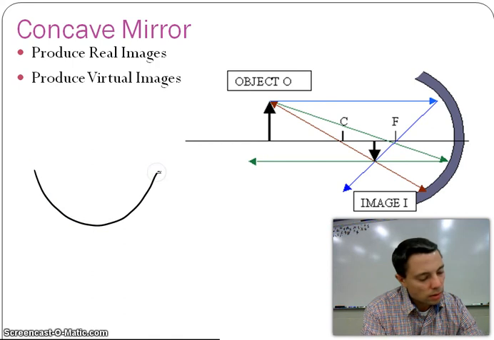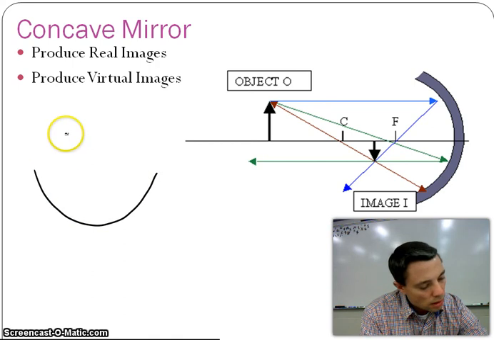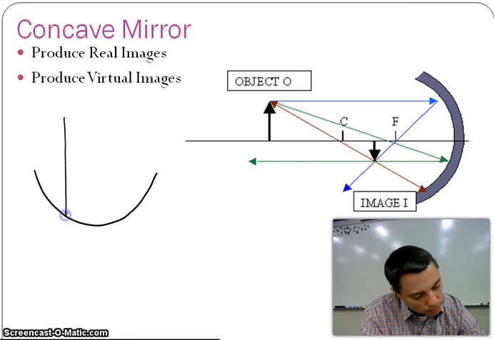I'm going to exaggerate this a little bit, but as we see a light ray come in and hit a mirror, so this is my incident ray, there's going to be kind of a normal to this, and the angle that I come in here has to be equal to the angle that I come out.